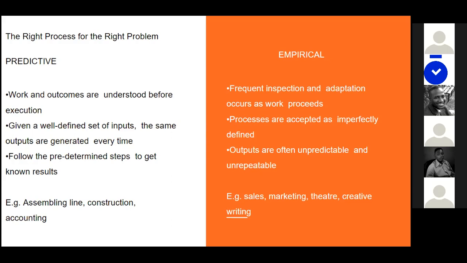But when we look at the empirical approach, we talk about frequent inspection and adaptation as work occurs. We can all see what COVID has brought upon all of us since 2020. We can see how we all needed to adapt.